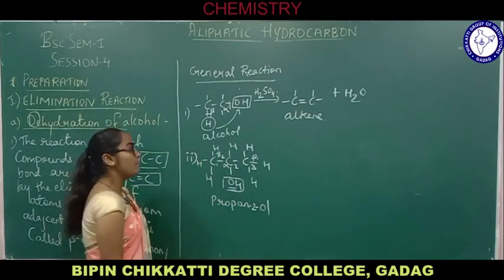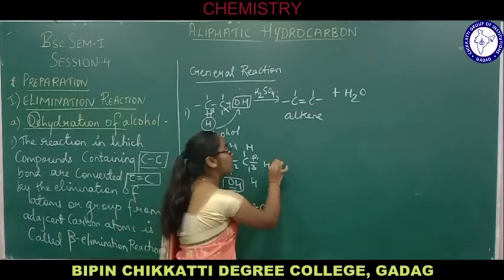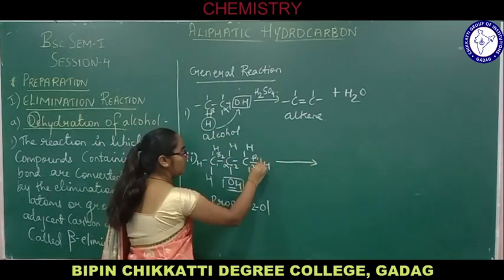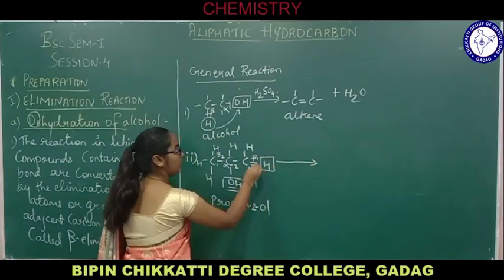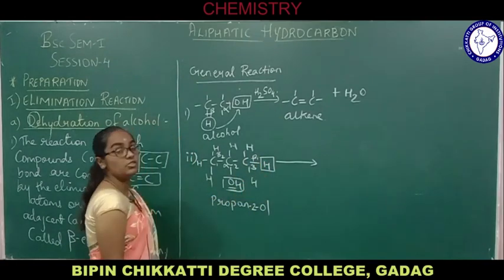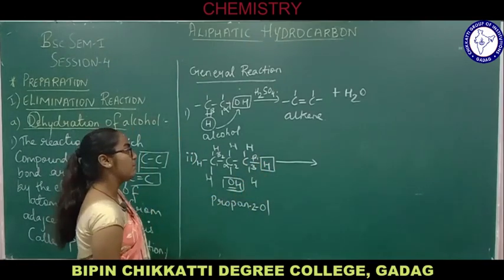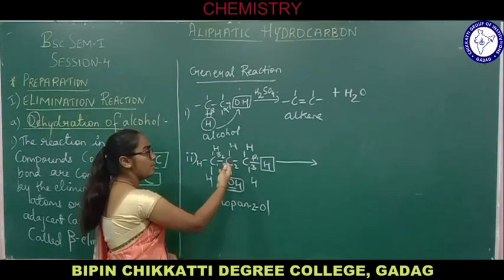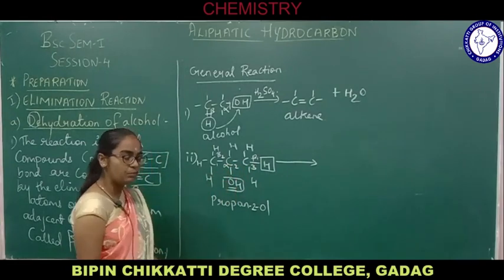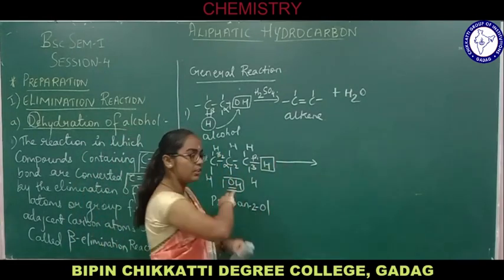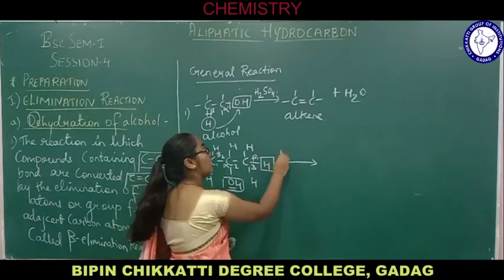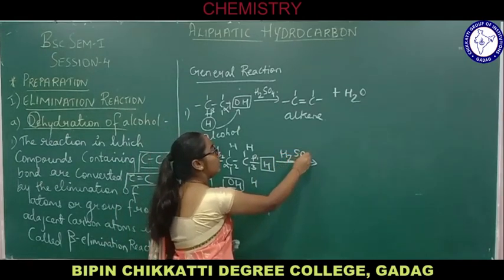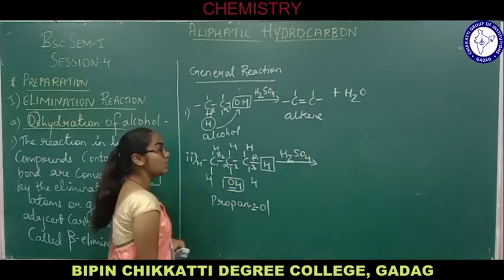Now from the alpha carbon atom, the OH group will be removed, and from beta 1 carbon atom, a hydrogen will be removed. This happens in the presence of an agent called a dehydrating agent, and the name of this dehydrating agent is sulfuric acid.